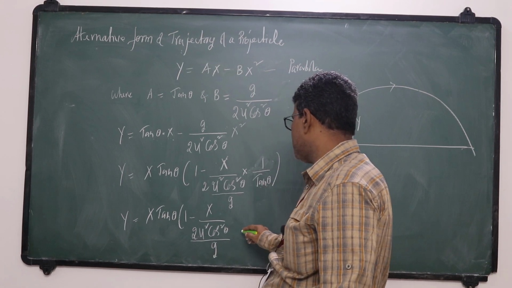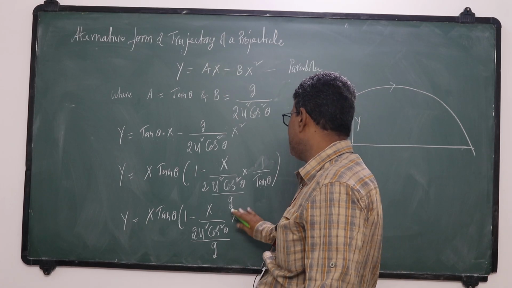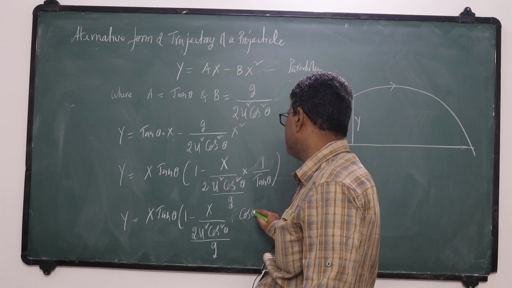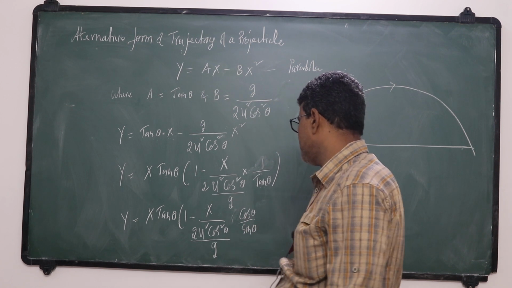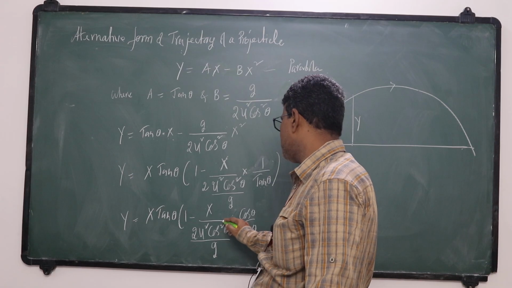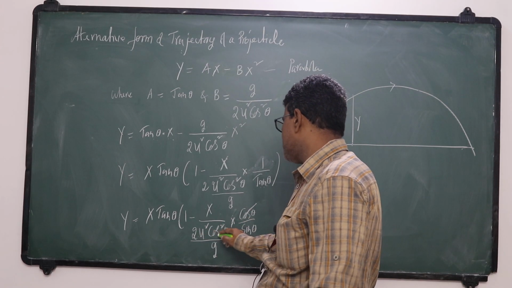What is tan theta? Tan theta can be written as sin theta by cos theta. So I will write it here as cos theta by sin theta. So this cos theta, one cos theta gets cancelled.